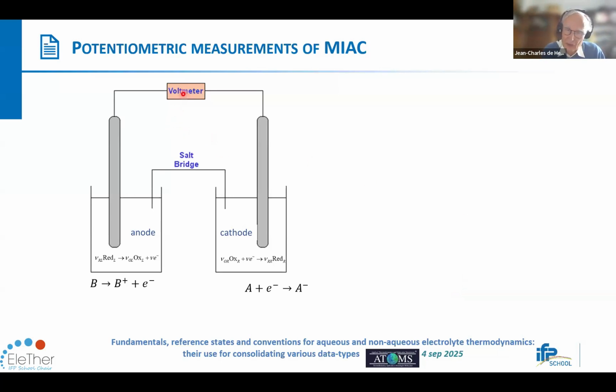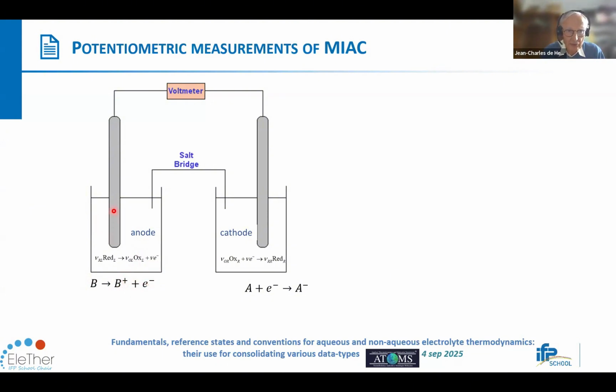It's a potentiometric measurement in which you have an anode that is dipping into an anodic solution, and the cathode that is dipping into a cathodic solution. Both are metals that react with the solution as shown here. At the anode, you have a reaction that forms ions with electrons.